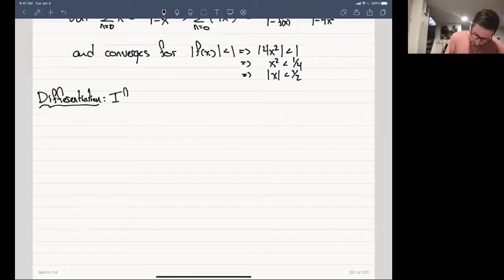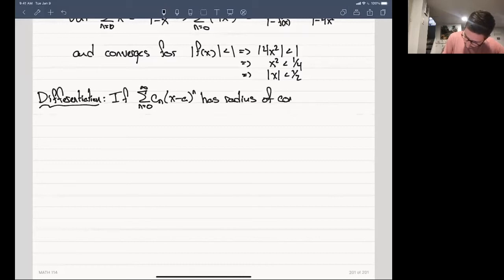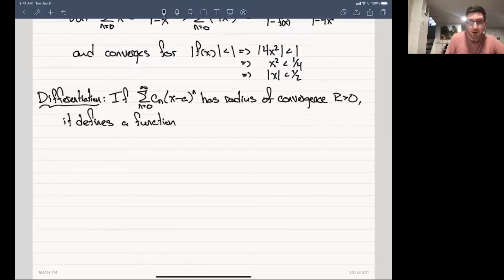So let's say this sum of c_n times (x minus a) to the n has radius of convergence r greater than 0, so it converges for all absolute value of x minus a less than r, then it defines a function f of x equal to this thing, right? So I'm just restating our facts, but it's important for us to understand what this is really saying.